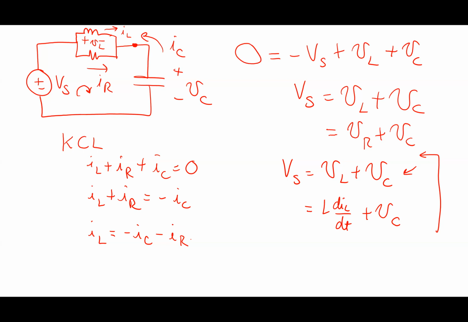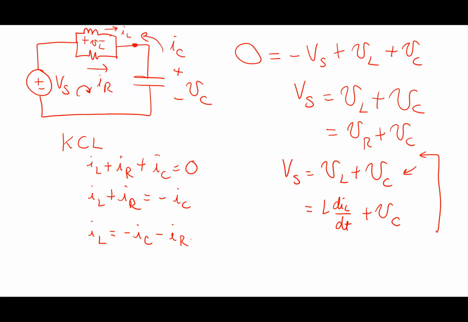I don't need to integrate anything necessarily. I have IL equals negative IC minus IR. Again, trying to keep our focus on what we're trying to do here. I want to get an equation for VC. That's got IL in it. I want to get rid of the IL.